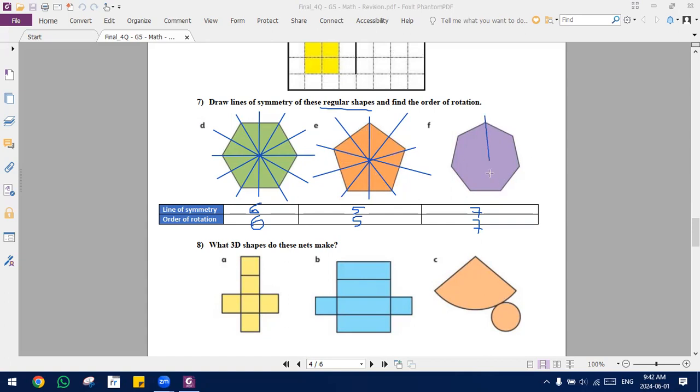So again, you use the vertices. 1, 2, 3, 4, and 5. We still have 6, 7. So all the parts are equal.